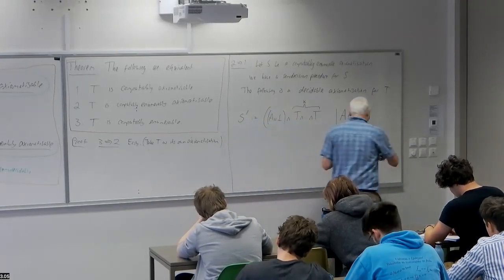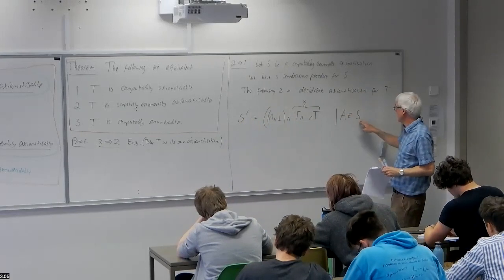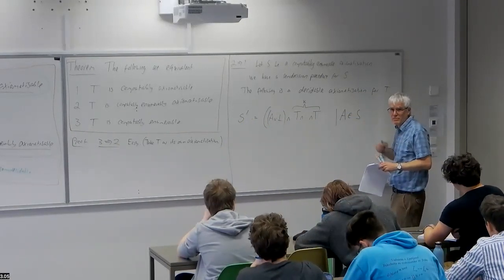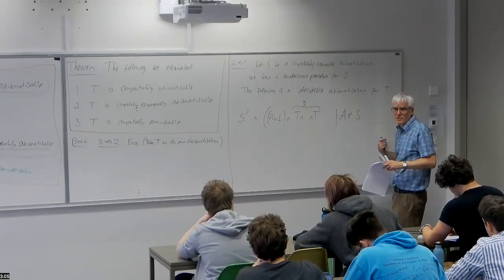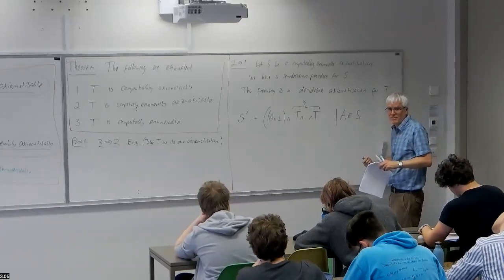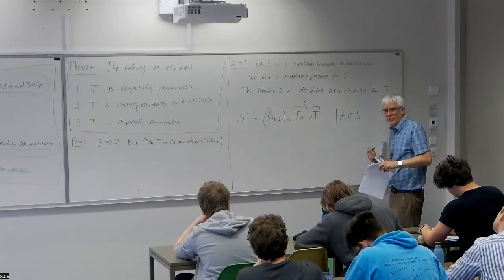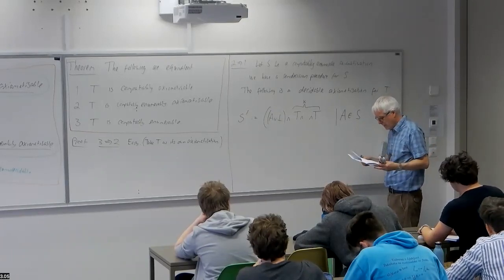And the point is, we have an algorithm that will semi-decide whether A belongs to S. When you execute it, it will execute a number of steps in time, and if it halts, it will halt in a finite amount of time.